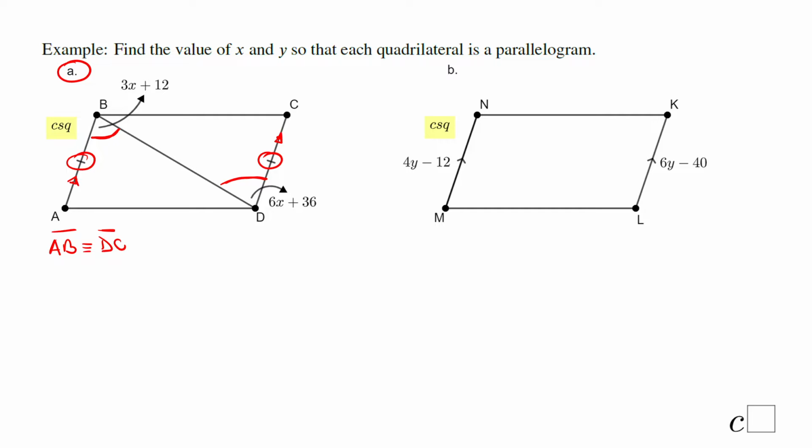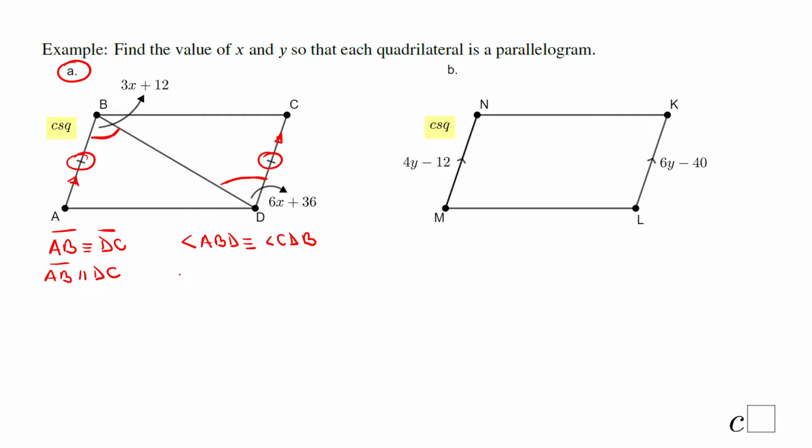So basically that's going to be my statement here. Angle ABD congruent with angle CDB, and if we have this statement, then of course AB will be parallel with DC by the converse of alternate interior angles.